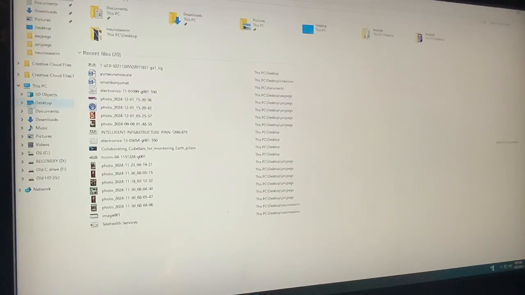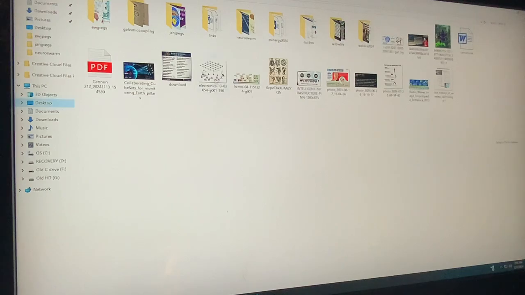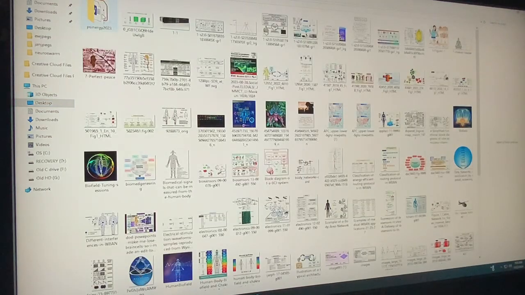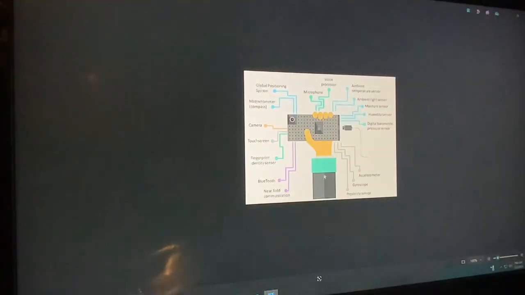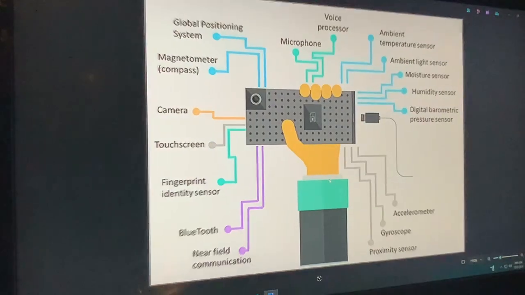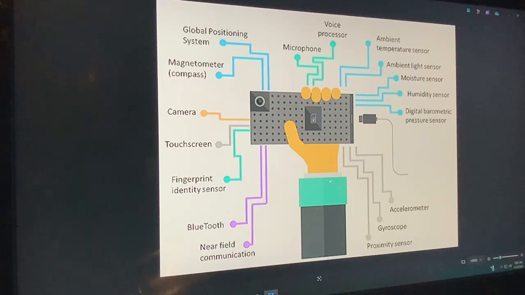While I appreciate his JPEG there, sensors are everywhere. I have a better one that I've shown the synergist multiple times. There's an example of all the sensor systems that are inside your phone.